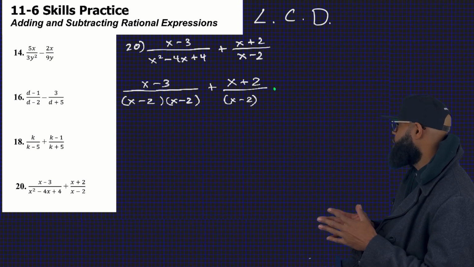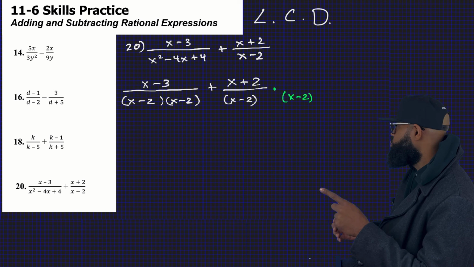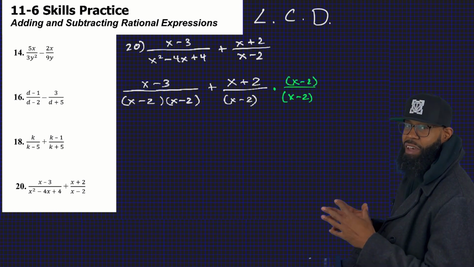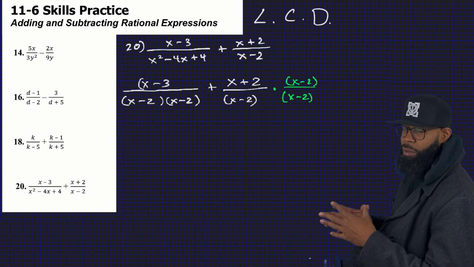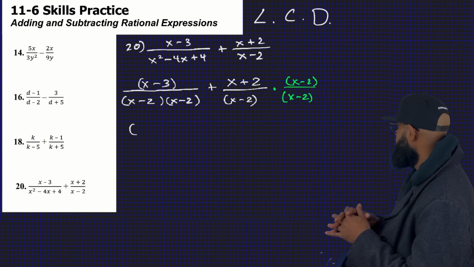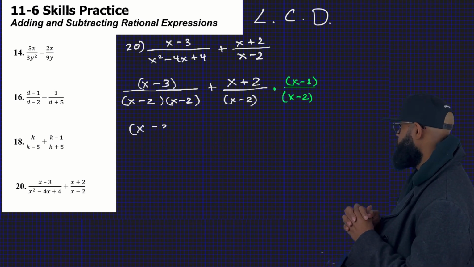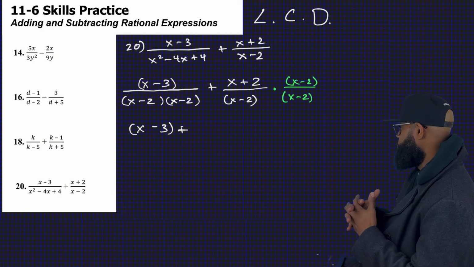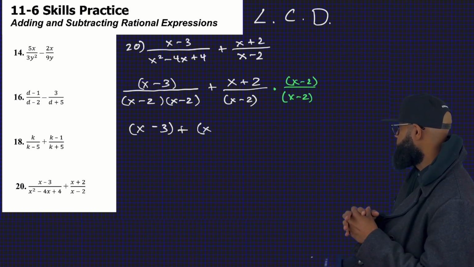But now I'm looking at it going, that first one has 2 binomials, so my second one needs 2 binomials because they have to be the same, common denominators. Easy enough though, we're going to use the big one, x minus 2 over x minus 2, and now got it. First numerator, x minus 3.